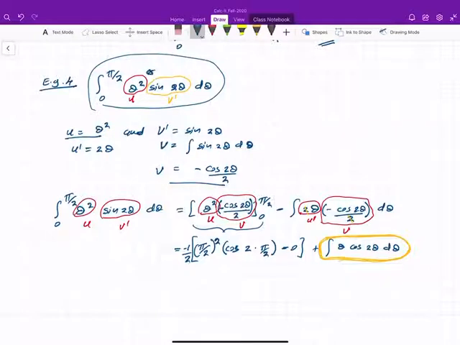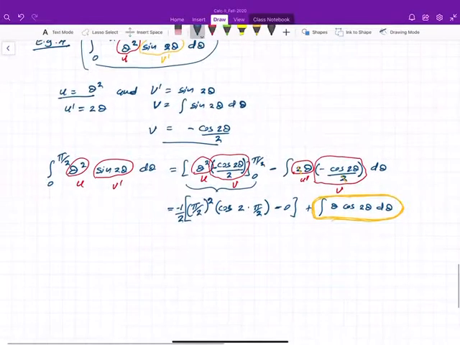You just used integration by parts, and then you simplified that problem into a problem like this. Here you have theta to the power 1, but still you have to use the integration by parts formula one more time. Okay, let's use integration by parts formula one more time.